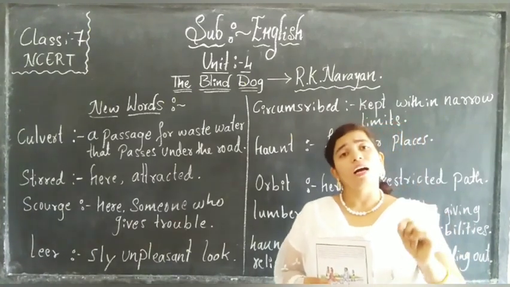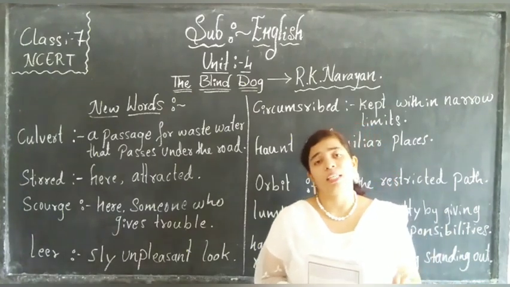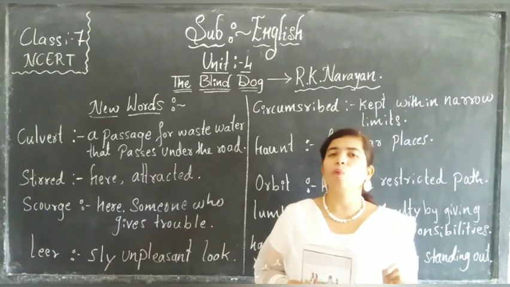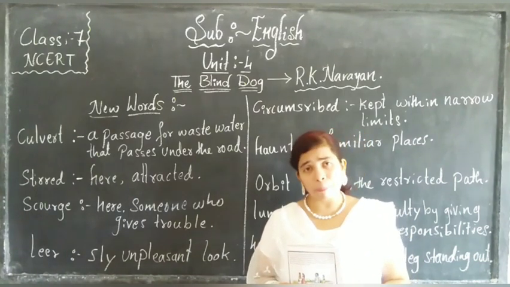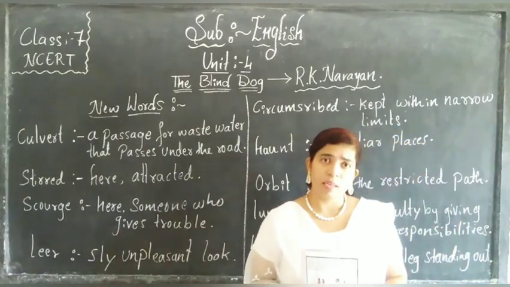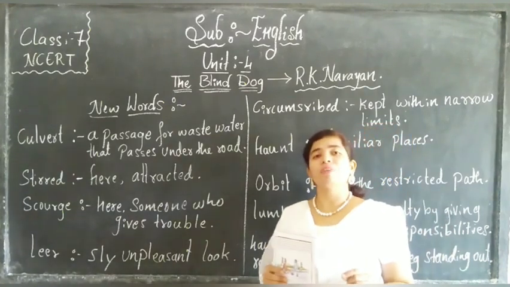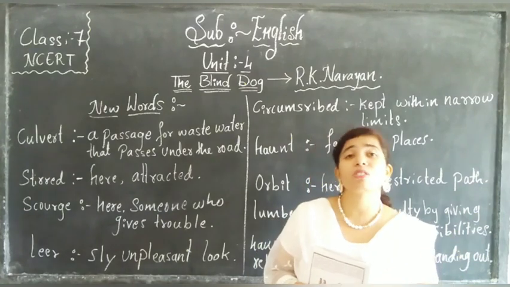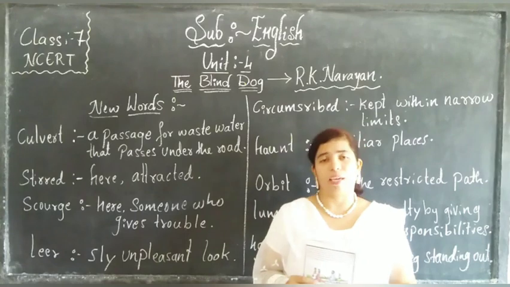Here, a boy named Urchin was very cruel, very bad. He used to get happiness by teasing the old blind man, by calling him names and taking coins from his bowl. He was a very cruel boy.